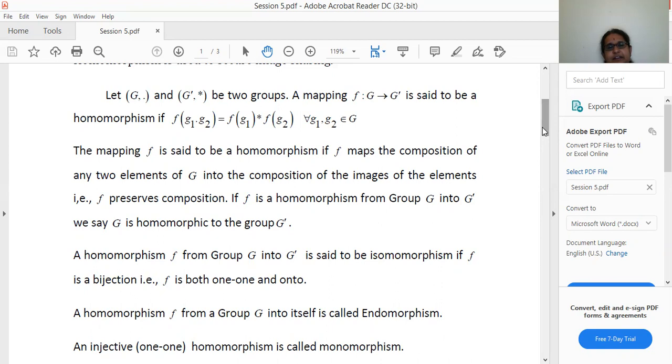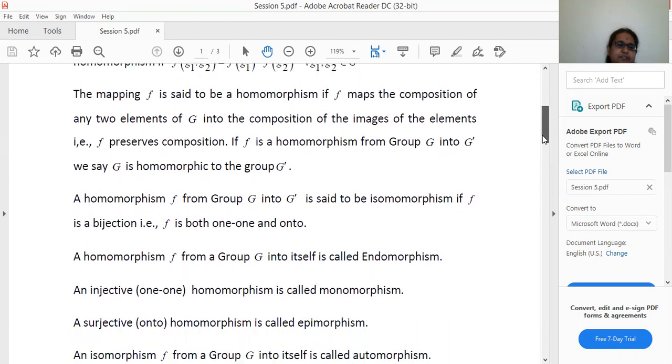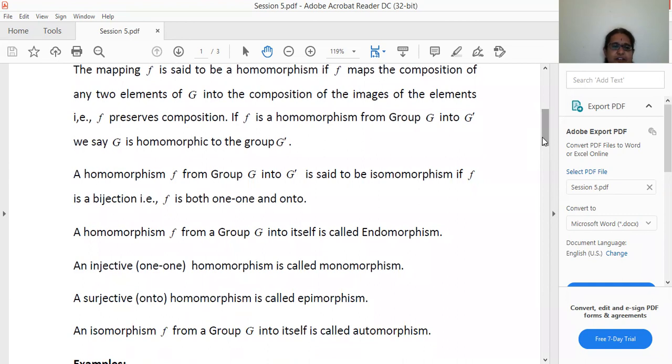A one-to-one, that is injective, homomorphism is known as monomorphism, whereas a surjective, that is onto, homomorphism is called epimorphism. And if f is a mapping from G to itself and it is an isomorphism, then it is known as automorphism. These are some types, or special cases, of homomorphism. In addition to homomorphism, if some other condition is present, then they are said to be isomorphism or automorphism.